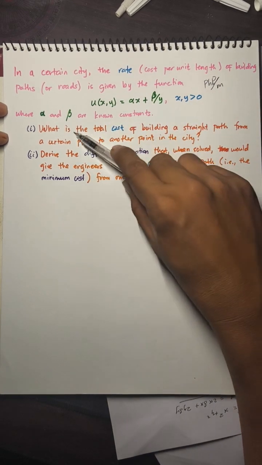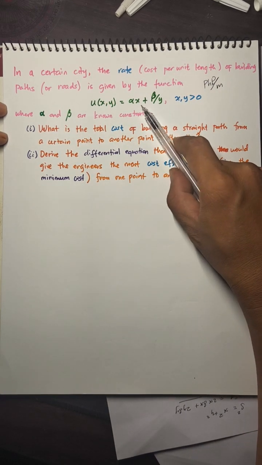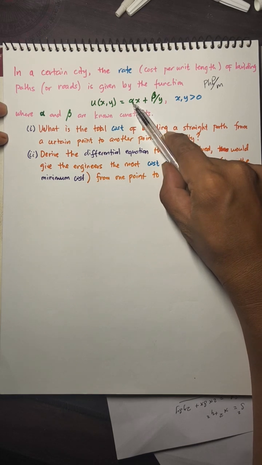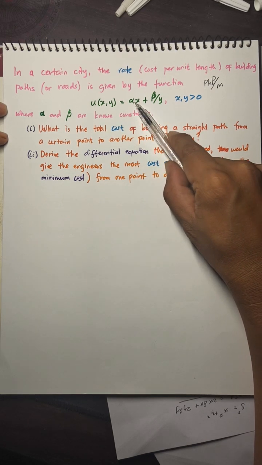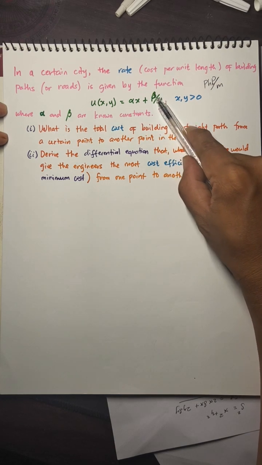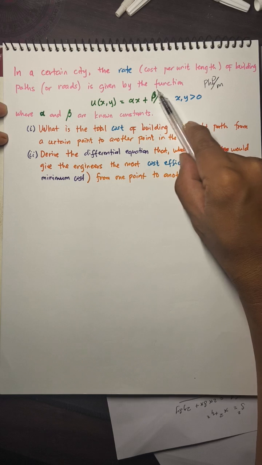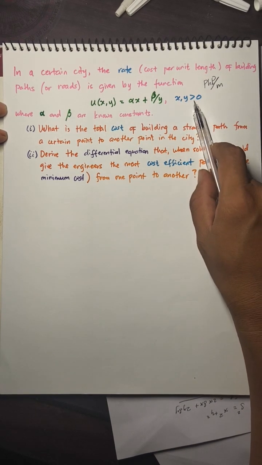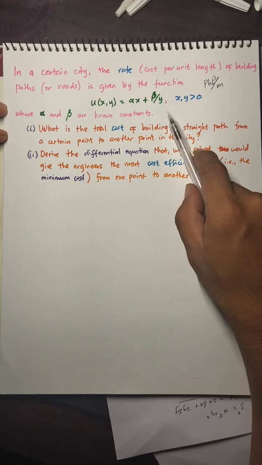Alpha and beta are known constants. The units of alpha are clearly currency per unit area, per meter squared, while beta is in currency. So the units of alpha and beta are different. These are known constants.